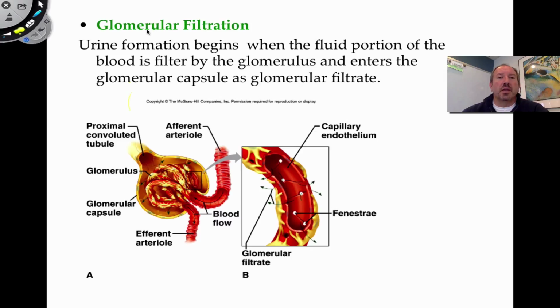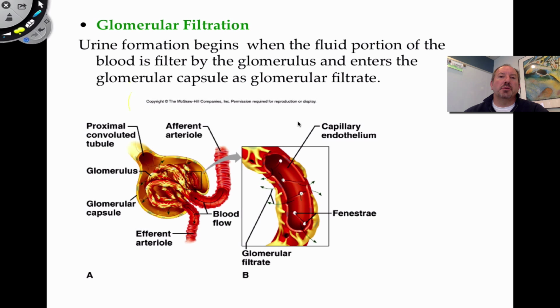And so glomerular filtration, again, more of this. The blood's cruising in the afferent arteriole. It's squeezing out into the Bowman's capsule or glomerular capsule, and it's going through these little slits that are created by the podocytes. These are the epithelium cells right there.